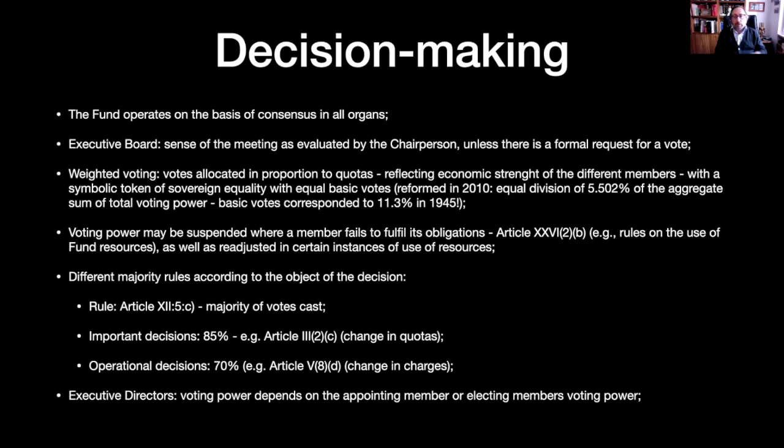So that proportion of the quotas that we saw equals the proportion of votes. So if you think, for instance, of the United States, if you have a decision that requires, say, 80%, the United States with, say, Germany, or with China, would be in a position to block any decision.